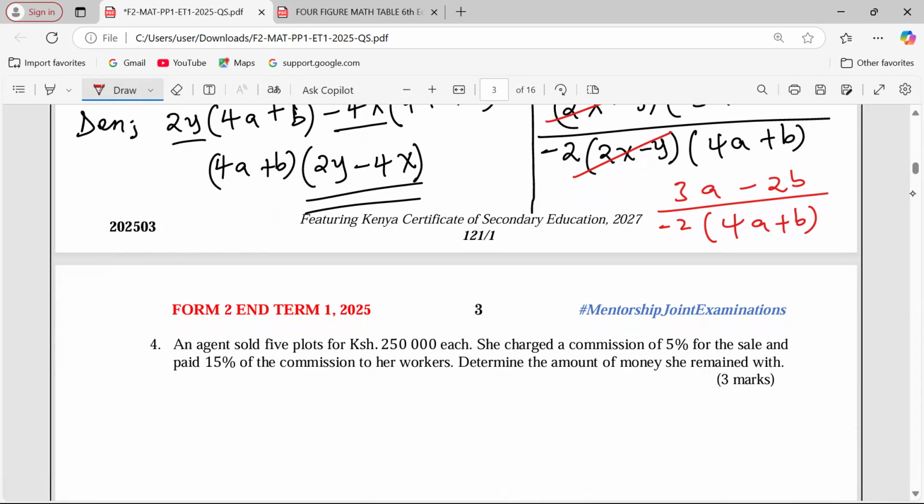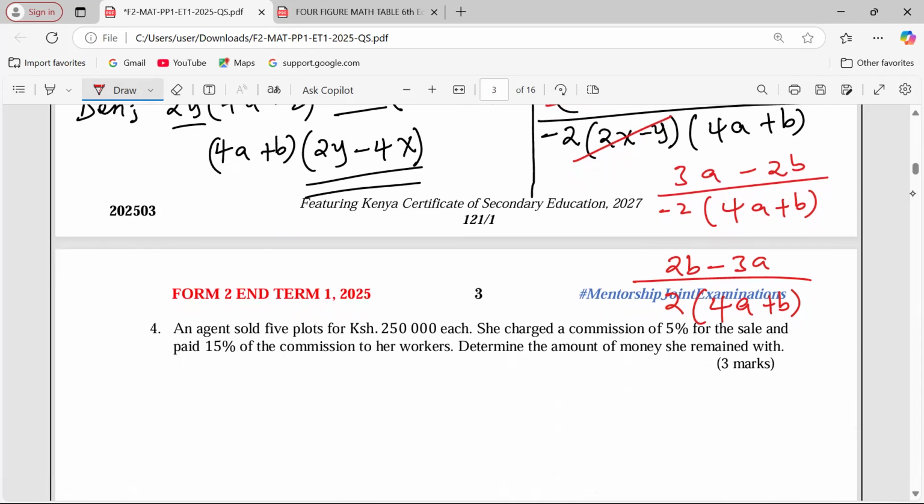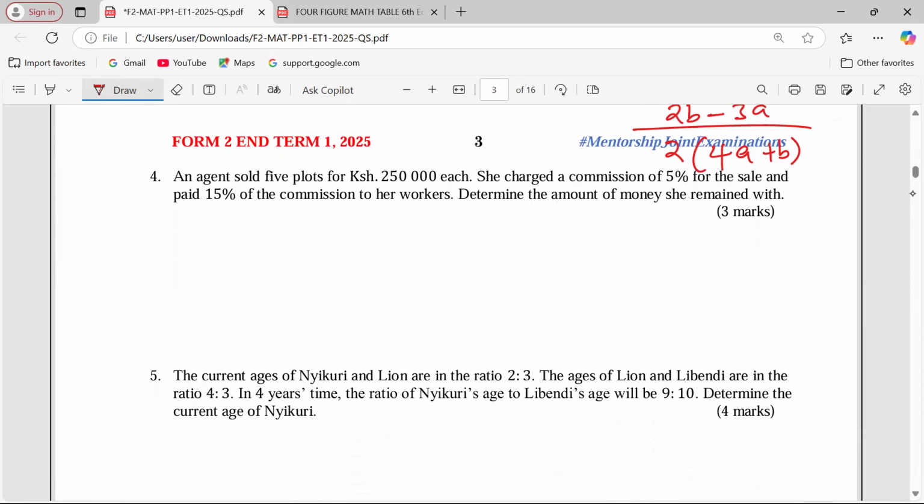The whole value will bear a negative because we are dividing with a negative. So we can have an interchange of 2b becoming positive, but 3a negative. Then this now will be divided by 2 into 4a plus b that way. So this one is now fully factorized. We can't factorize further. It's now fully factorized.